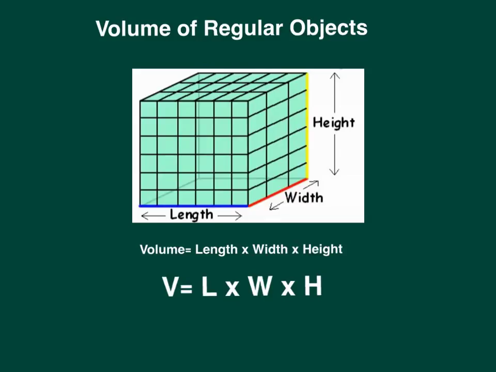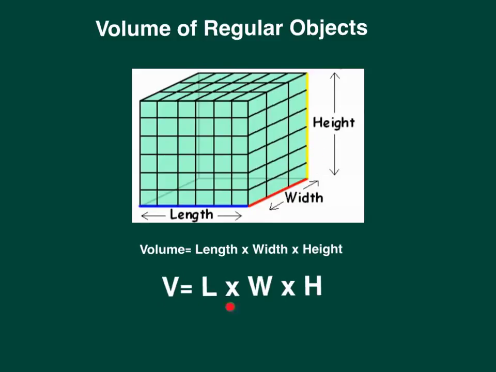So, looking at this picture, I have a regular object. A regular object is one which I can easily measure the length, width, or other dimensions of. For this cube, I can measure the length, I can do a linear measurement for the width, and I can measure the height using a ruler.